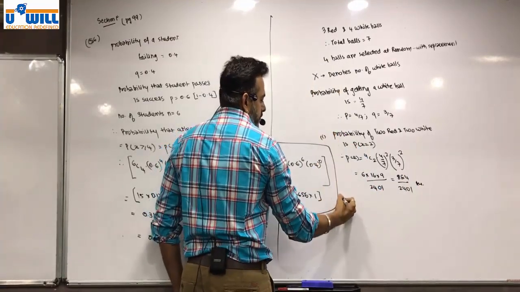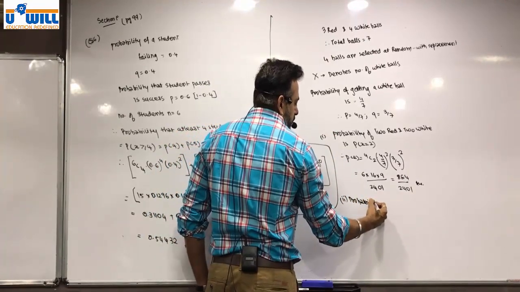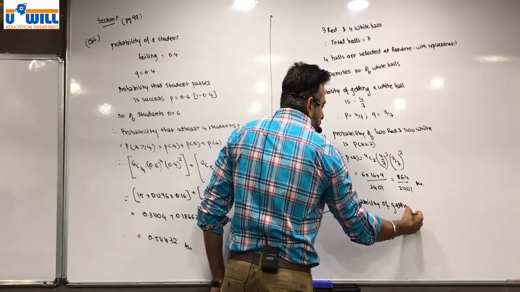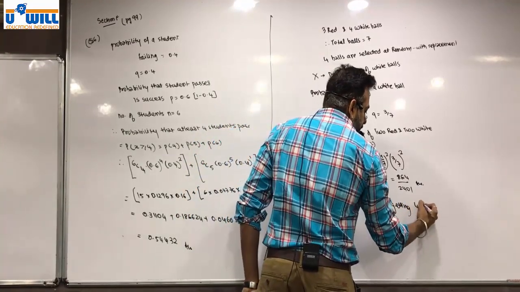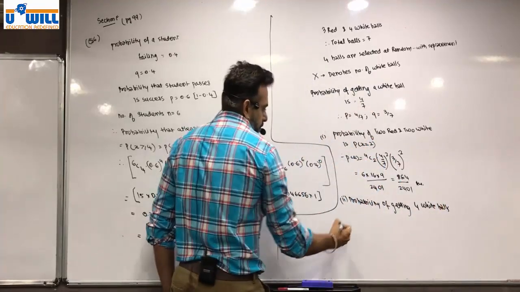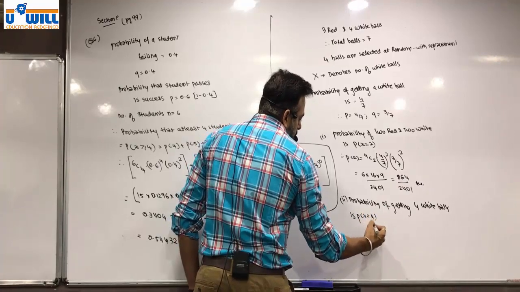Second, probability of getting 4 white balls is probability of x is equal to 4.